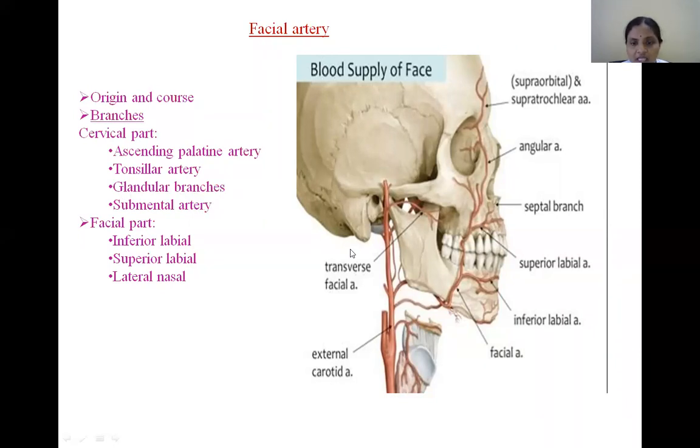Then glandular branches. Within this cervical loop, the facial artery gives off submandibular branches, supplying the submandibular gland. Then the submental artery. Here, along the lower border of the mandible, one artery is appreciated. What is this artery?